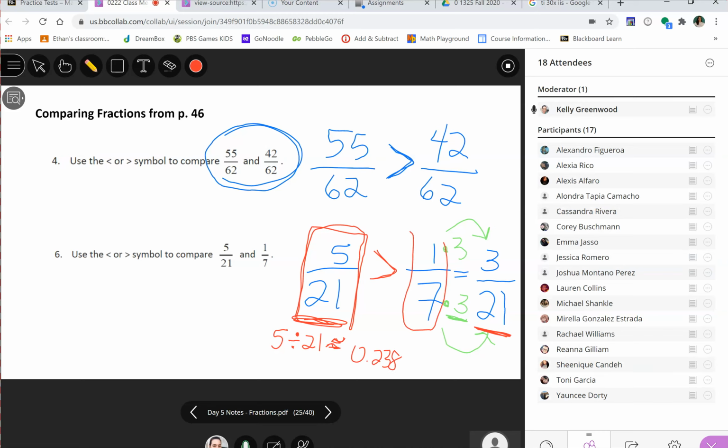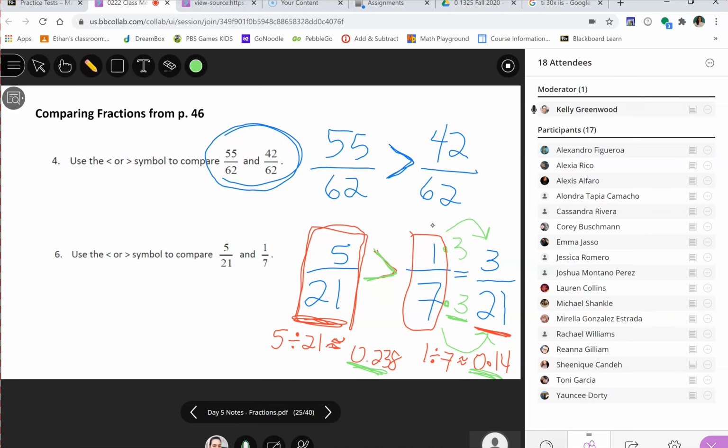And if I do 1 divided by 7 on my calculator, I get approximately 0.14. And then my brain can easily see that having 23 cents is way more than having 14 cents. So 5 out of 21 has a greater decimal value than 1 out of 7.